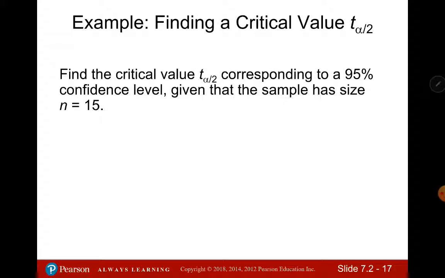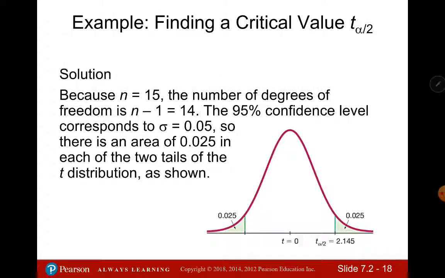Let's check this example. So first we should know how to find the critical value, right? We still need to use the confidence level to find the alpha value. Then we also need to check the degrees of freedom. Remember, degrees of freedom is n minus 1. Then we can check the t-table.